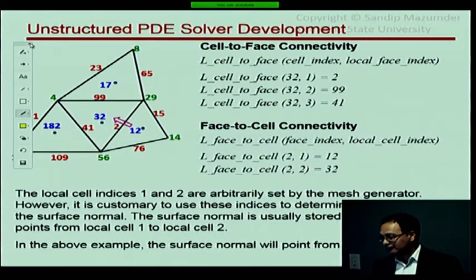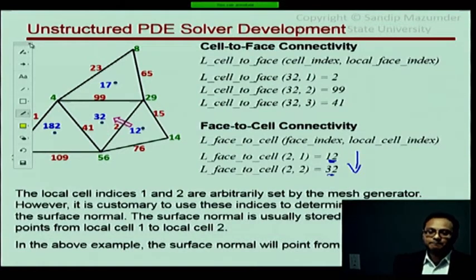Okay. Going from cell 1, which is 12, to cell 2, which is 32. Okay, so it's going from 12 to 32. If my cell number 1 was 32 and my cell number 2 was 12, then it would be going the other way around. Okay. Everybody follow that? All right.